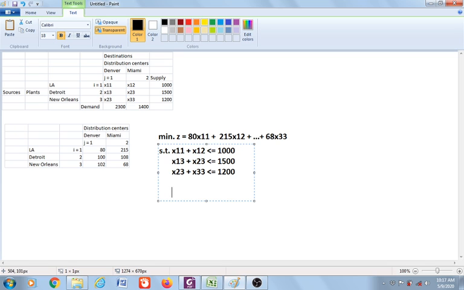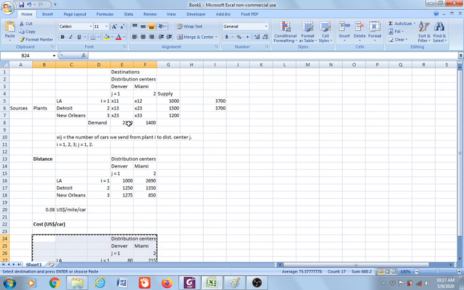Number 2 will be the demand from the destination. So the total number of cars received by destination number 1 is x11, x12, sorry, this should be x12, and I made a mistake. This should be x31. So x11, x12, x21, x22, x31, and x32, sorry.